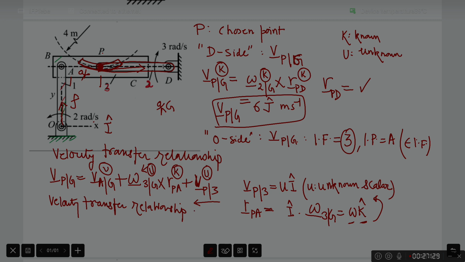With IF being RB1 and IP being O, I can write the velocity of A with respect to G as omega 1G crossed with RAO.